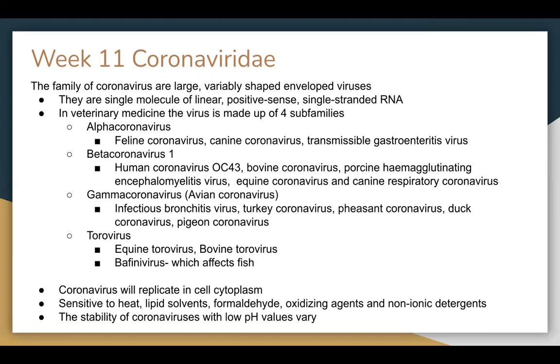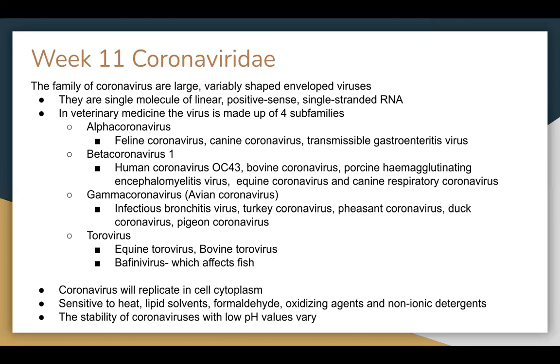Gamma coronavirus, also known as avian coronavirus, which includes infectious bronchitis virus, turkey coronavirus, pheasant coronavirus, duck coronavirus, and pigeon coronavirus. And another family is the torovirus, which has the equine torovirus, bovine torovirus, and the Baffinia virus, which affects fish.